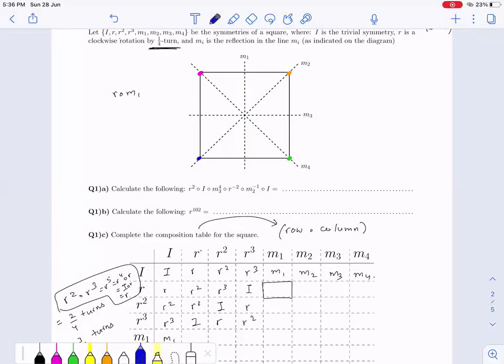Okay, so R of M1 means apply M1 first. I'm going to shrink this figure a little bit.